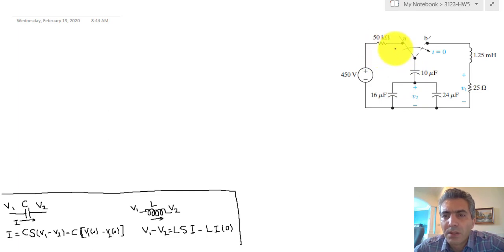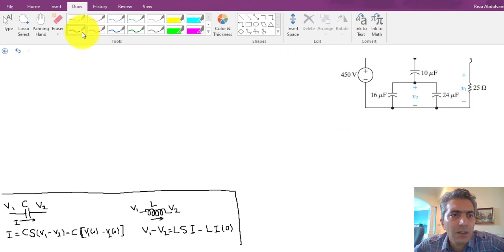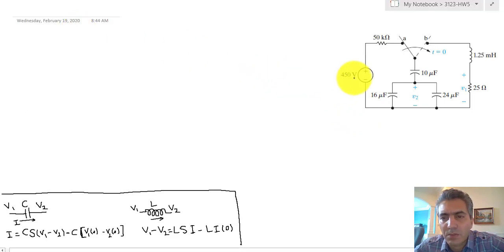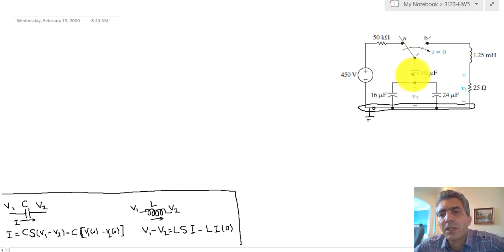Since there is no current passing to the resistor at that point, the voltage on this end, assuming that the bottom of the circuit at this node is our ground, that's usually what we assume, and therefore once this is 450 and there's no current, this becomes 450. In other words, for that equivalent capacitor that we discussed, the initial voltage is just 450 volts.